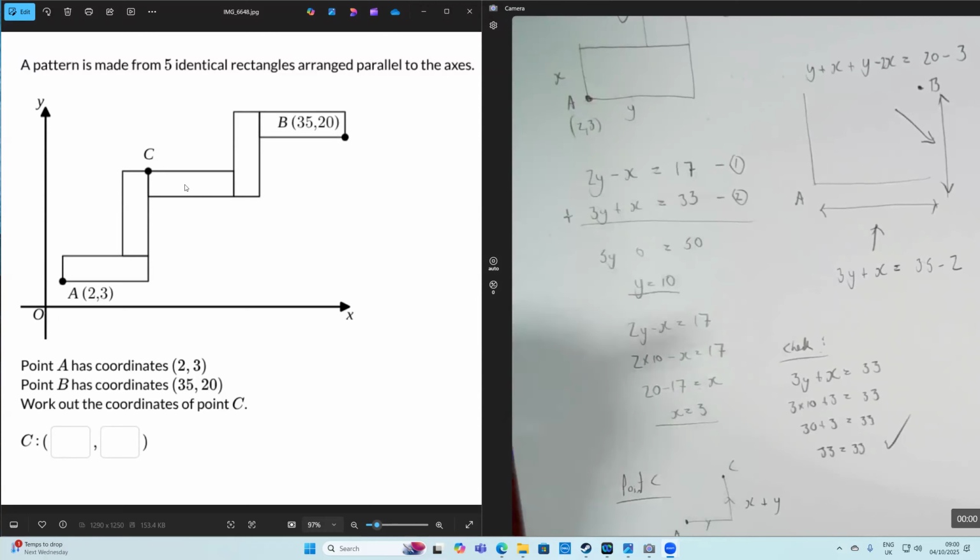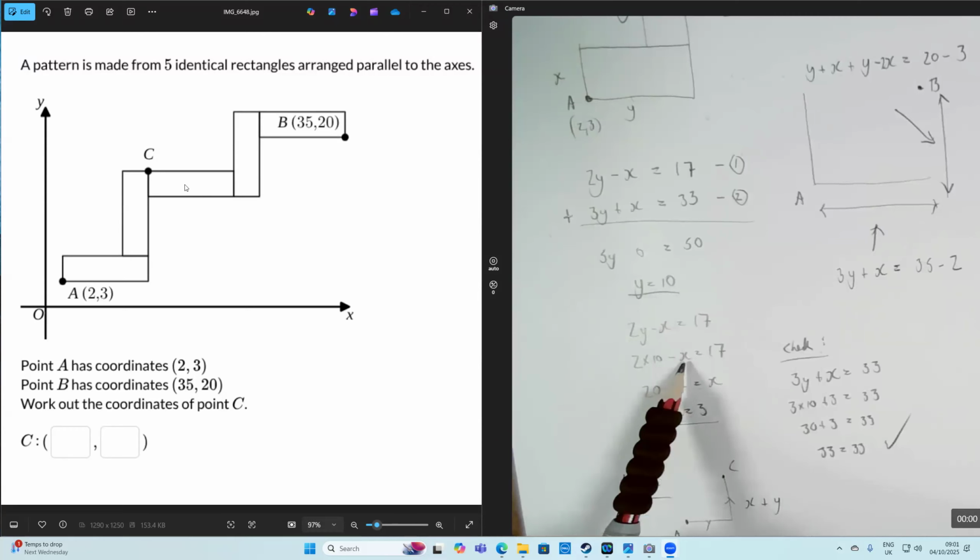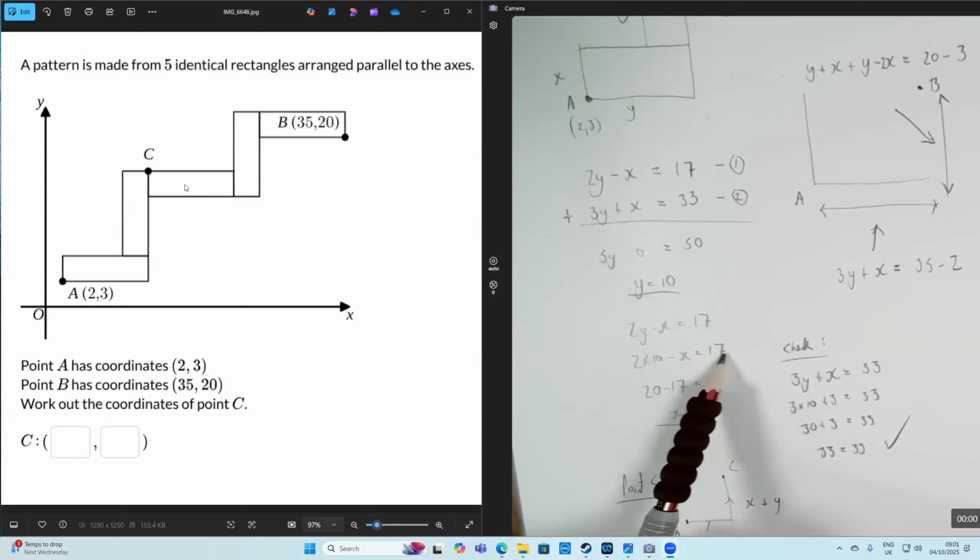We now take either of the equations to find out what x is. Let's take 2y minus x equals 17. We know y is 10, so 2 times 10 minus x is 17. Therefore 20 minus 17 equals x, and that gives us x is 3.